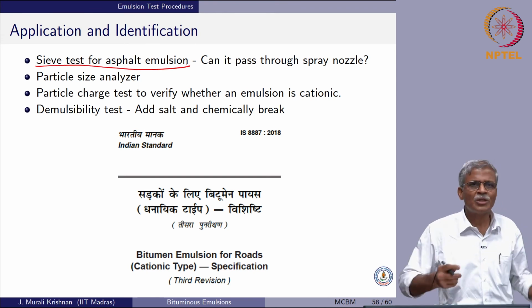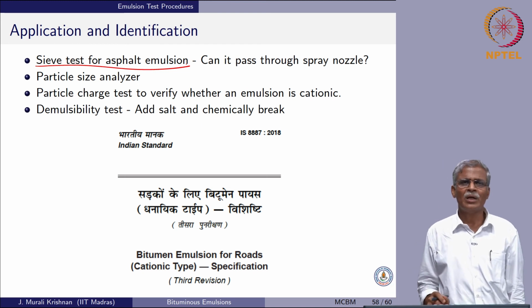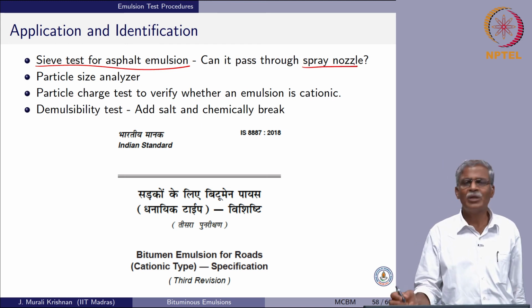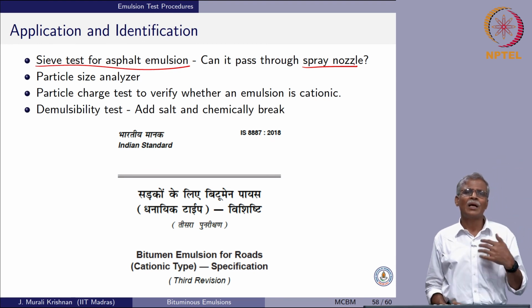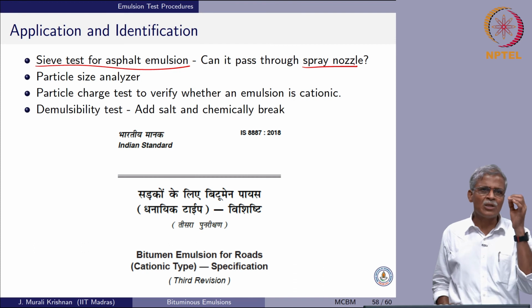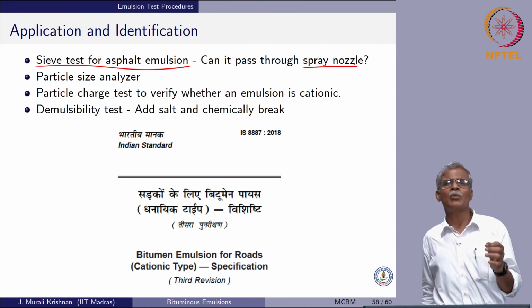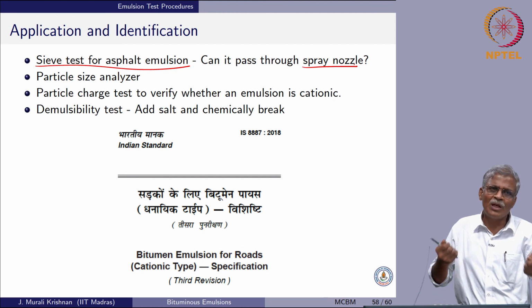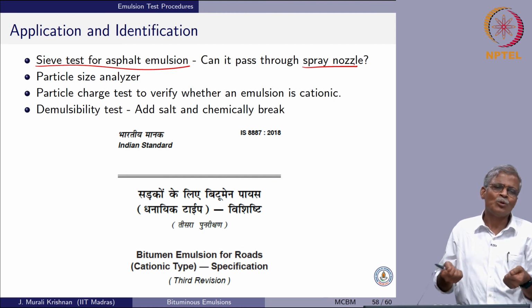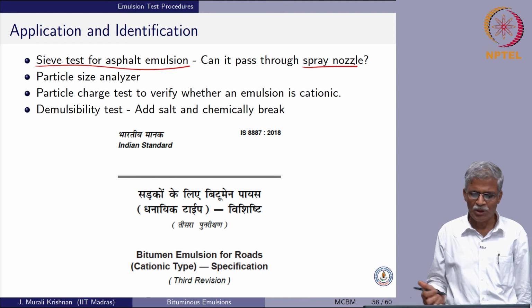So, what we do, we just sieve it through a sieve and then find out whether it can pass, because during the prime application or tack application or any spray application, we need to ensure that these droplets, let us say you are talking about a 20 micron or a 30 micron, can nicely flow through it. So, we typically take a sieve and then sieve through it and find out how much is retained.